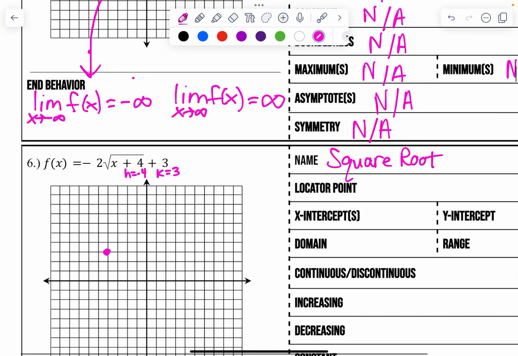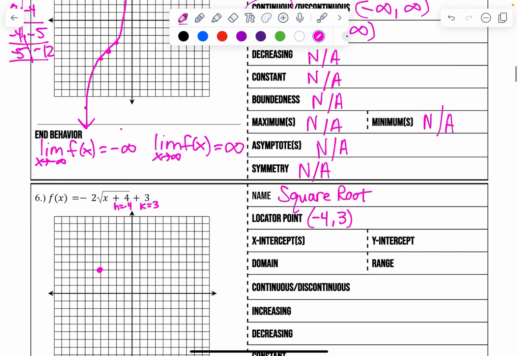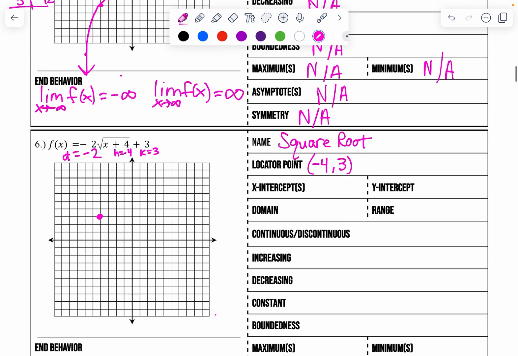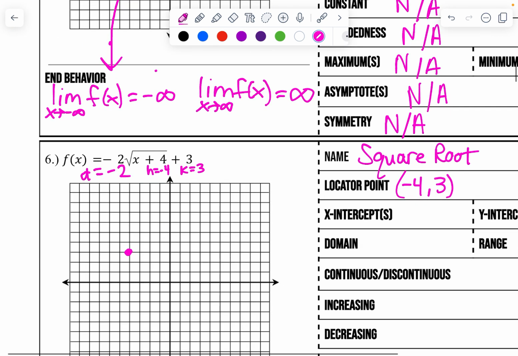That is our locator point, starting point for our graph. A here is -2, so it's going to be headed downward and stretched. We want to be strategic about what x values we choose, because we have to take the square root.